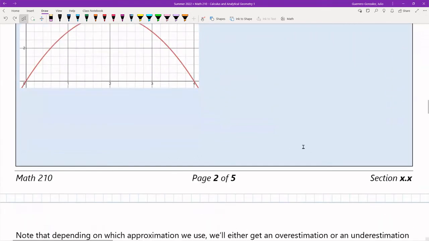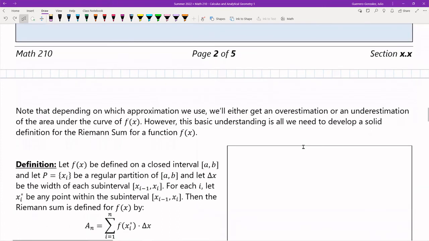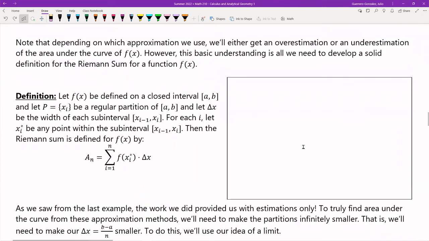So what I want to move on to now is a little bit more of the definition. We're getting closer and closer to the bona fide definition of an integral, of a definite integral.